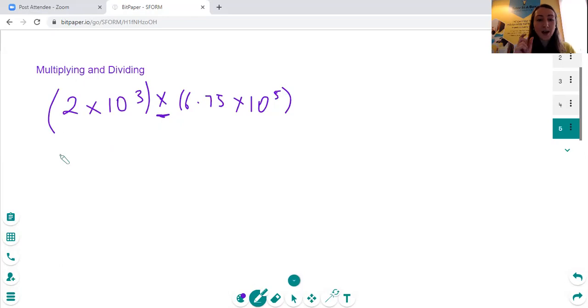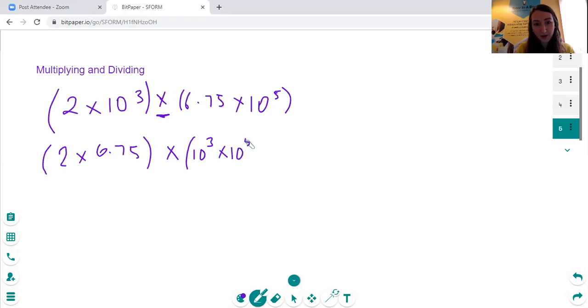So we bring the numbers to the front, so we get 2 times 6.75, and they become their own little thing, times 10 to the power of 3 times 10 to the power of 5. So we've taken the numbers from both of them and popped them in here, and then we've taken the powers and popped them down here.